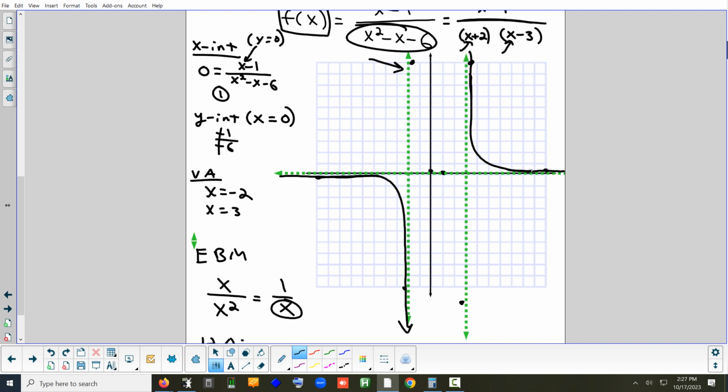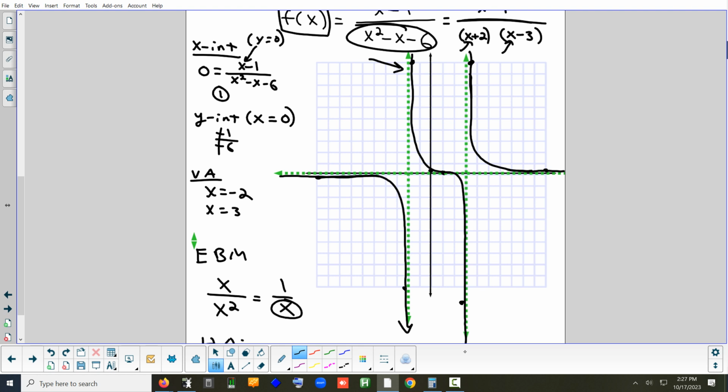Now the part in the middle has to go through all 4 of those points. So what kind of shape do you think we're going to get in the middle? Backwards S. Yeah, it's kind of like an S shape. It's going to stay really close to that, curve through those points, and then come down, getting closer and closer like that.